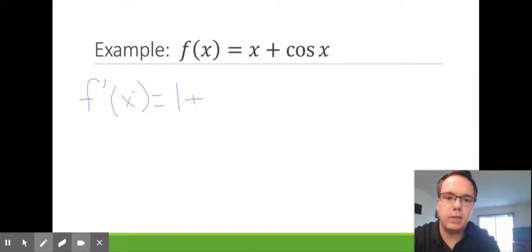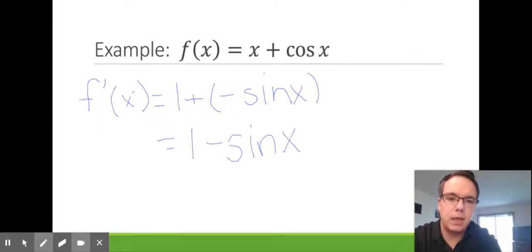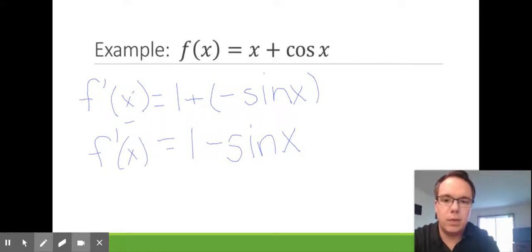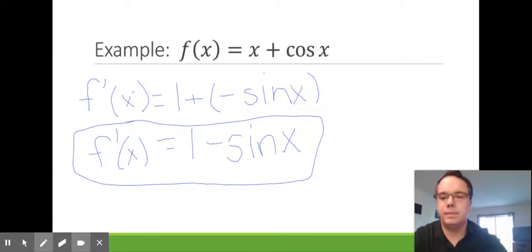And we're going to add on the derivative of cosine, which is negative sine x. So if we simplify that, we have 1 minus the sine of x. So our derivative of x plus cosine x is 1 minus sine of x.